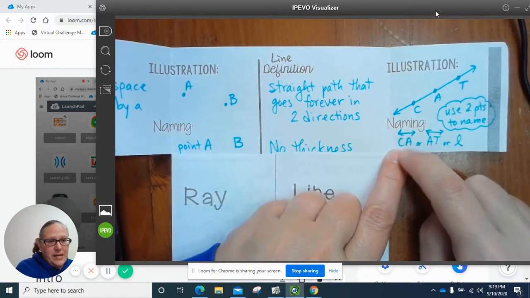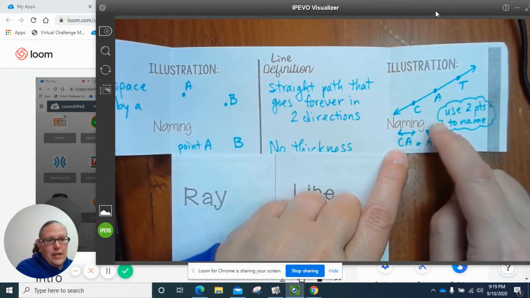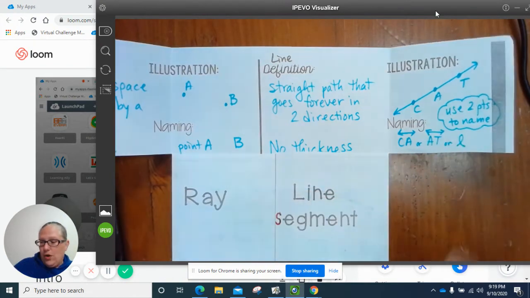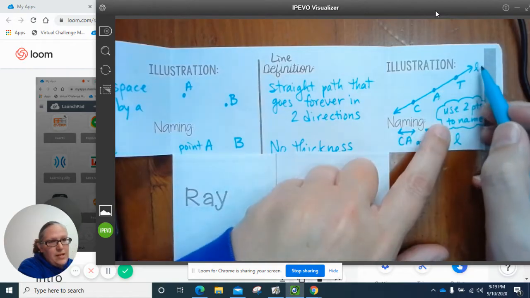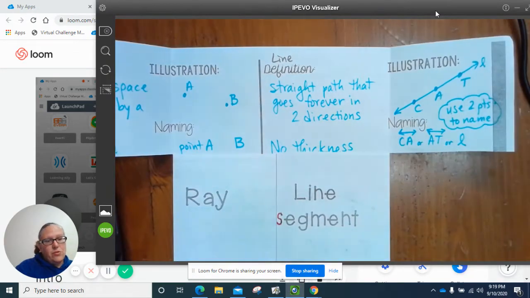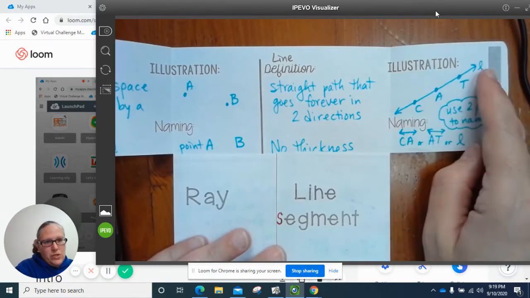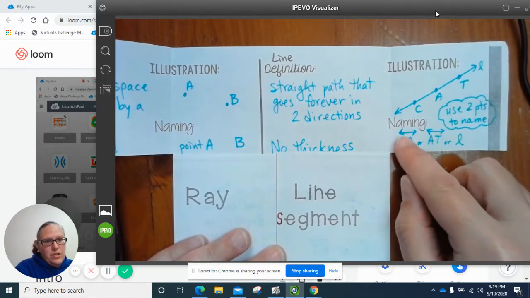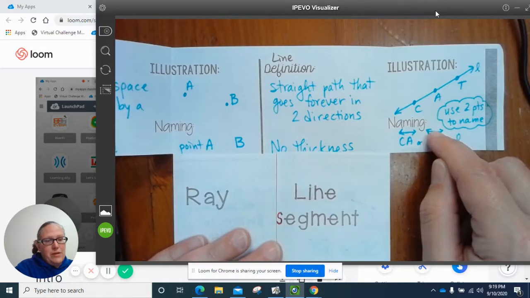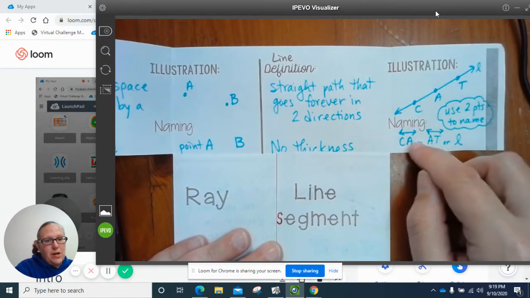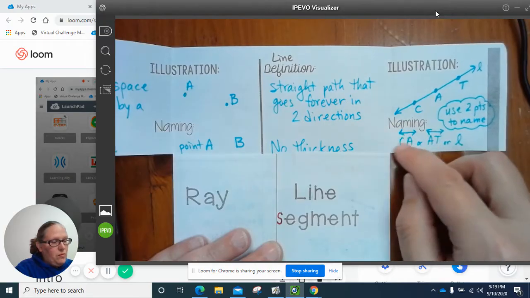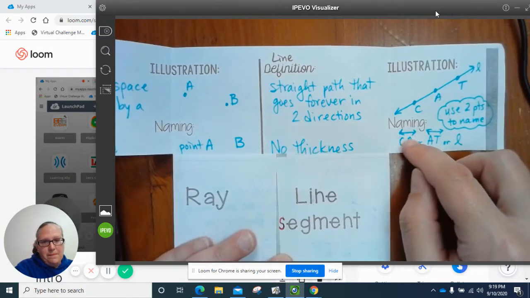So this is line CA, or we could call it line AT, or we could just call it line L. Sometimes out here at the end, you'll see like a little lowercase or a little cursive letter out there, and that could be used to name the whole line as well. Okay, again, notice that we don't put any points on our symbol down here. We just use the arrows, and we don't put commas or anything between our points here. Okay, this all represents our line.